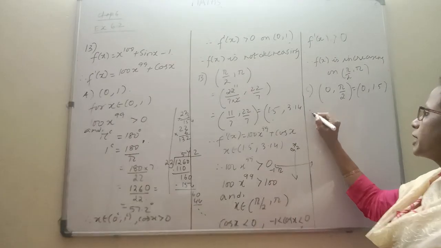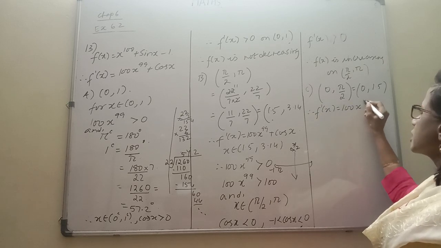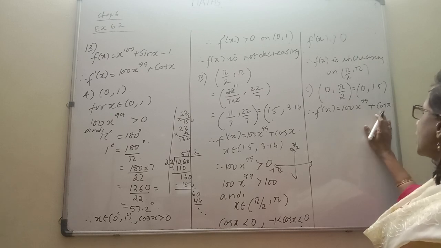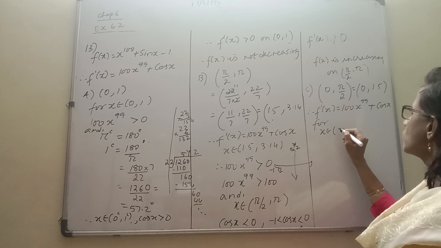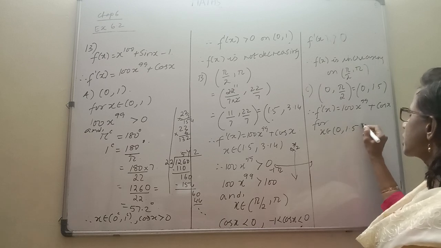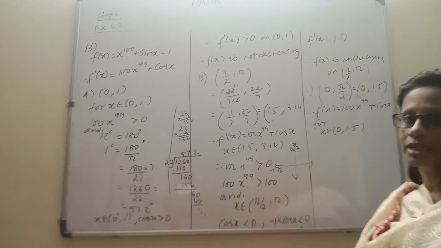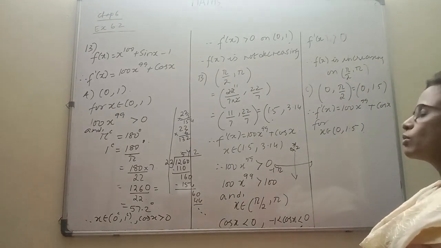So again, f dash x is 100 into x raised to 99 plus cos x. Let's take x belonging to 0 to 1.5. How will 100 into x raised to 99 behave? It will be positive, definitely, because you're taking a value between 0 and 1.5.